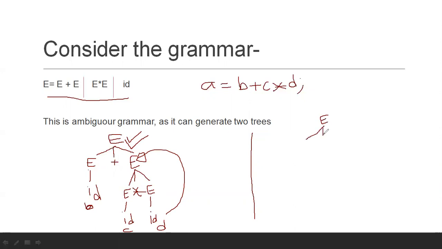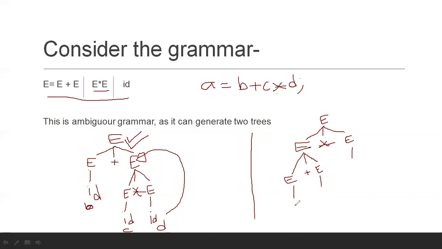E gives E into E, because E into E is the production given by the grammar itself. After this E, which is to be evaluated? Obviously, the multiplication is done. Now we have to do plus, E plus E. Now replace every E with ID.